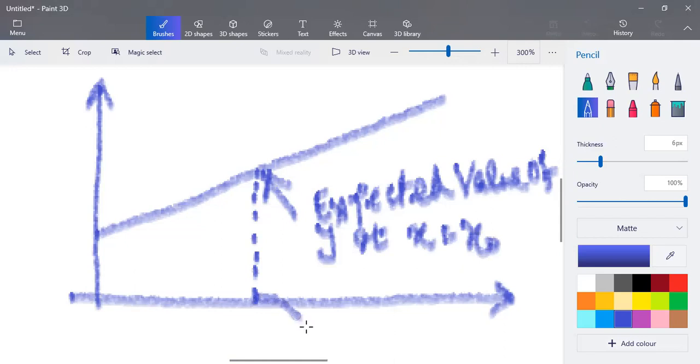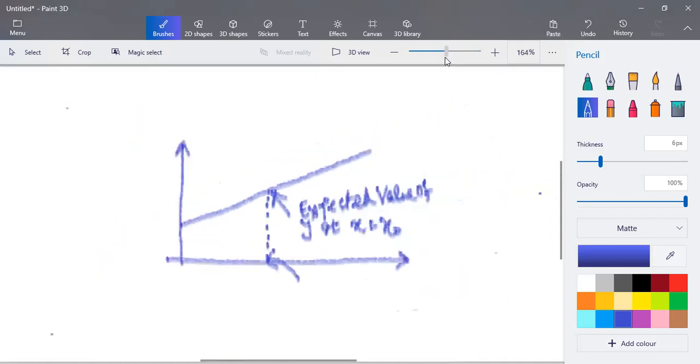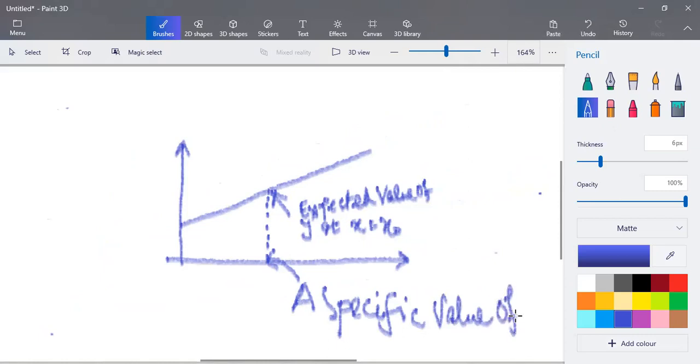So this is the specific value of x, which is equal to x0.